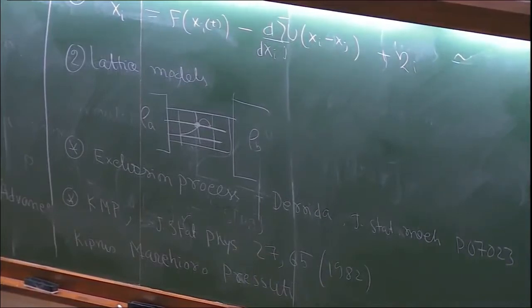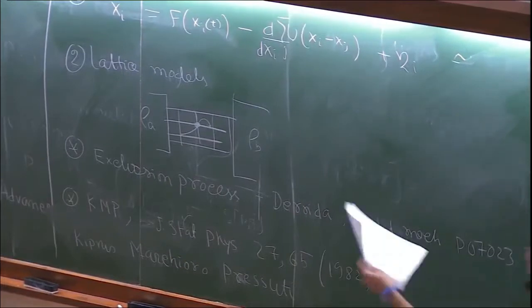So the starting point is to write down some kind of dynamical equation, like a Langevin equation, for a coarse-grained field, like the density field, of these kinds of systems.